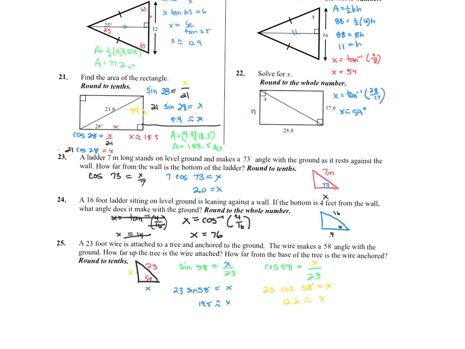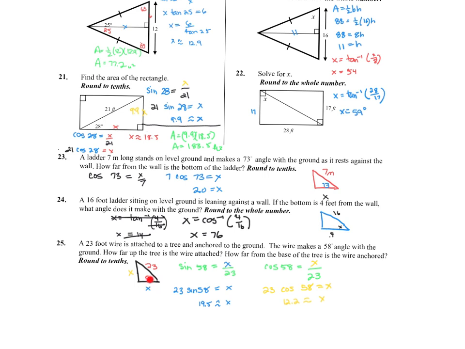And then our last one, we have a 23-foot wire, and it's coming to an angle of 58, and we are asked for both things: how far up the tree is the wire attached and how far from the base. And so if we look here, the first one I did was to find this measurement.